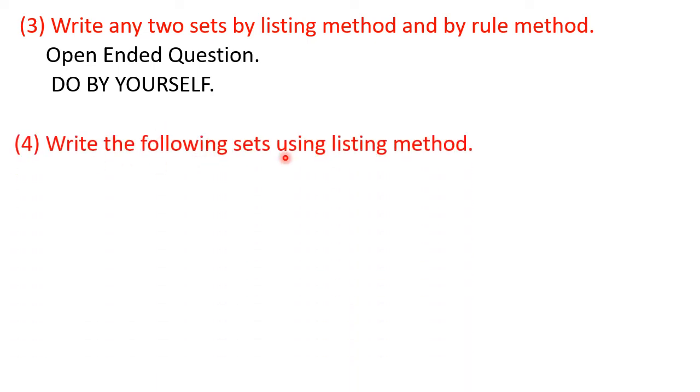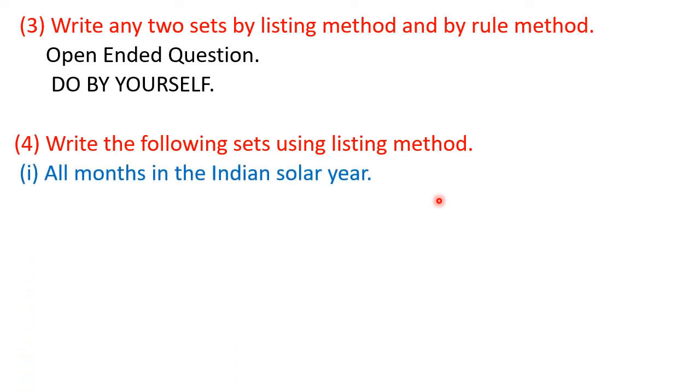Write the following sets using listing method. That means in questions we are having rule method or we are having statements, and we have to do it in listing method. Okay. So let us see the first example here. All months in the Indian solar year.